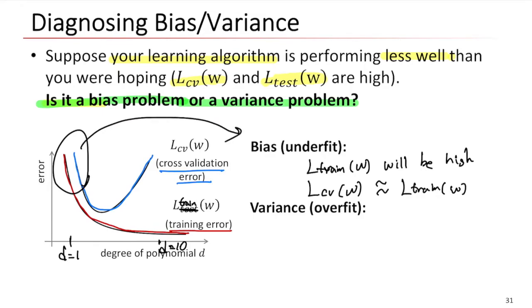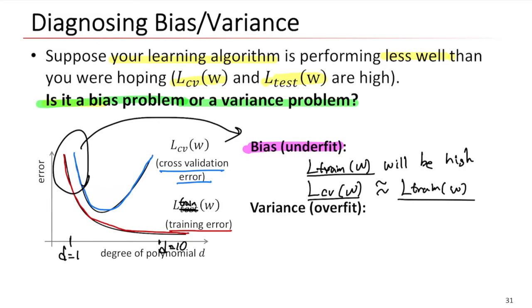So it's not desirable, because not only is the training error high, but also the validation error is high. So this is called the bias problem or the underfit problem.